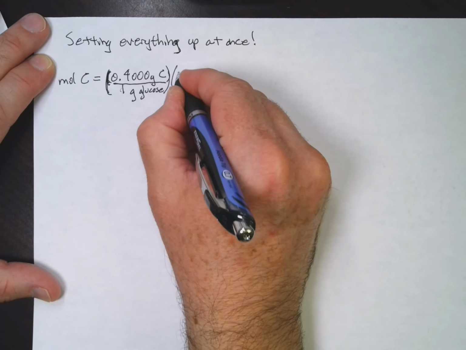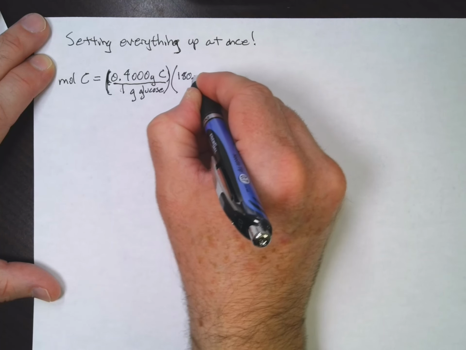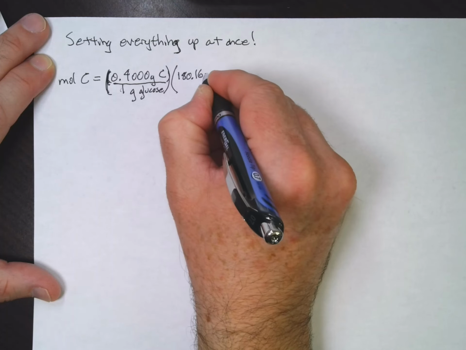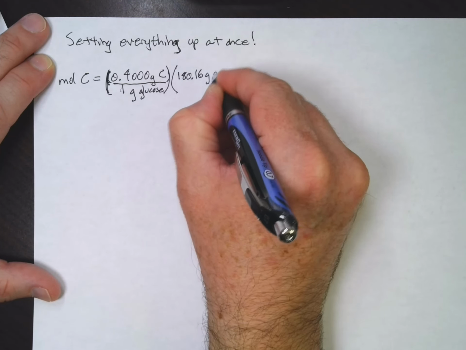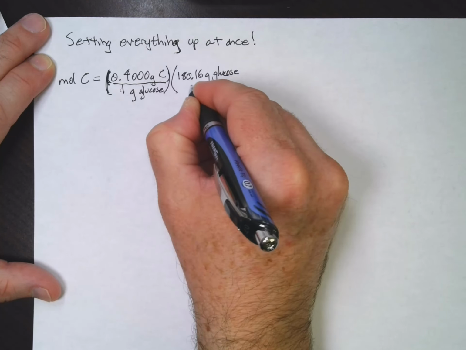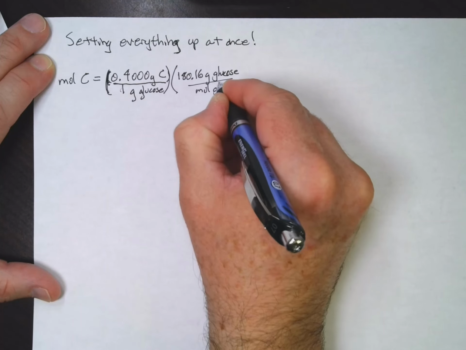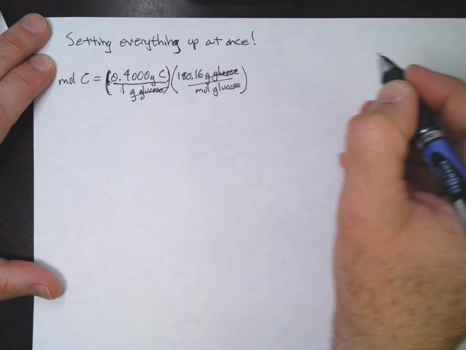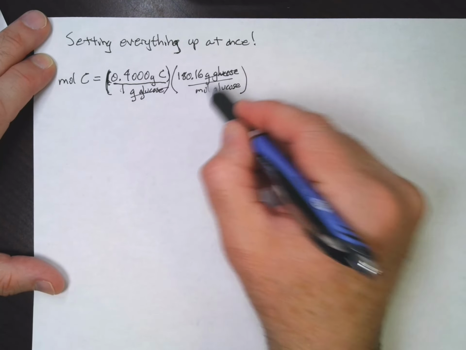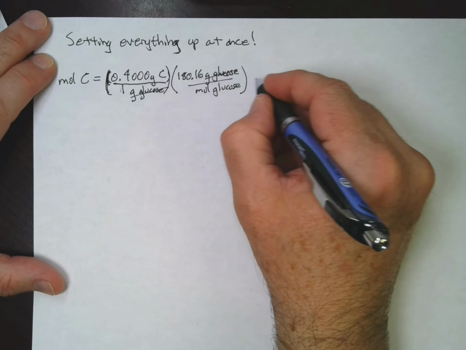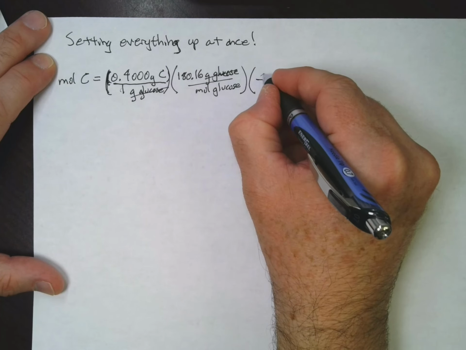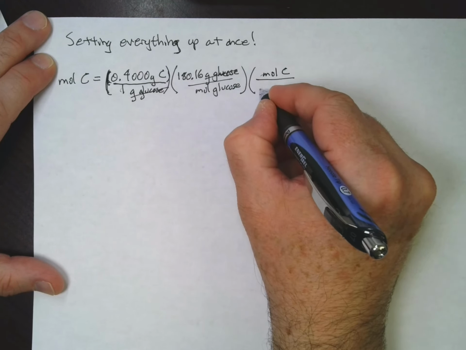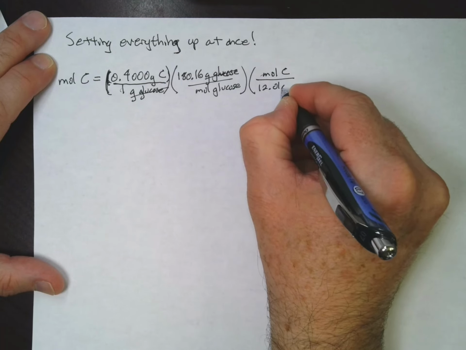And then we'll multiply that by 180.16 grams of glucose per mole of glucose. So now our grams of glucose will cancel, and we will get grams of carbon per mole of glucose. And then we multiply by 1 mole of carbon per 12.01 grams of carbon.